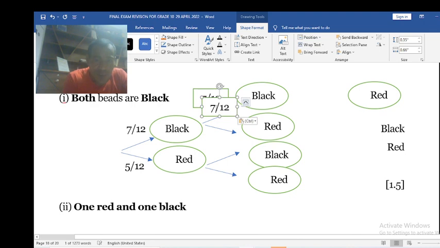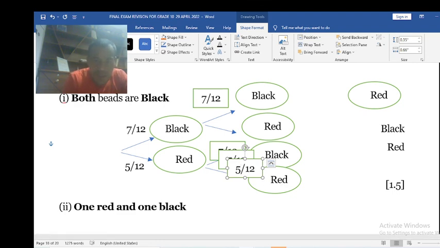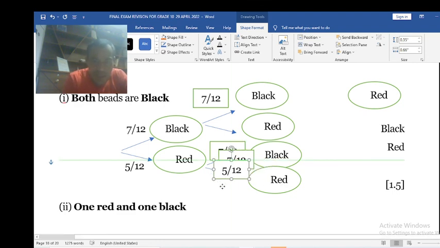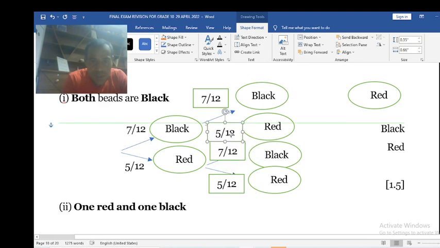Black is always 7 over 12. This is 7 over 12. Then I will make a copy of 5 here and change it to 5. And this is 5, and here also 5. Then I will put them on their branches.